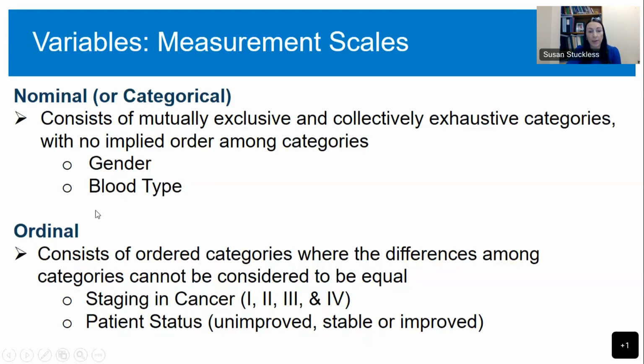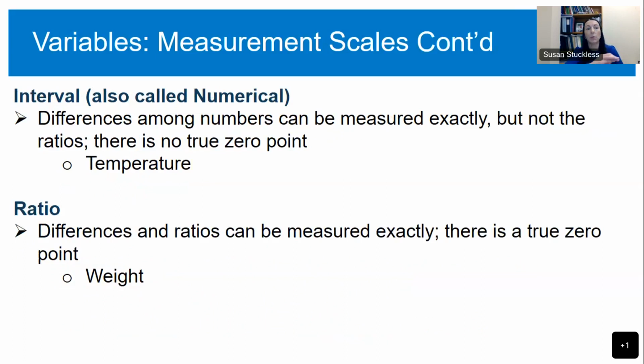Then you have ordinal data, which is basically ordered categories, but there's not really any inherent difference between categories per se. So looking at staging in cancer, you have 1, 2, 3, and 4, or is a patient status unimproved, stable, or improved.